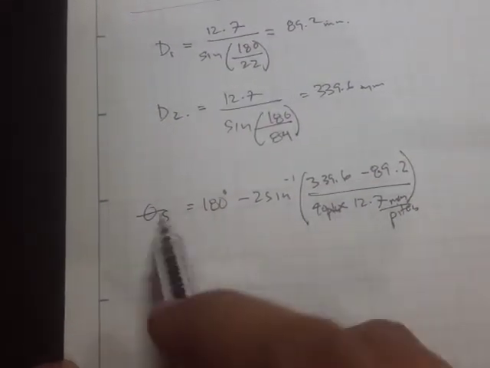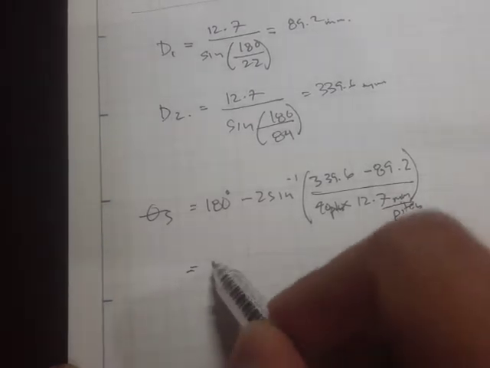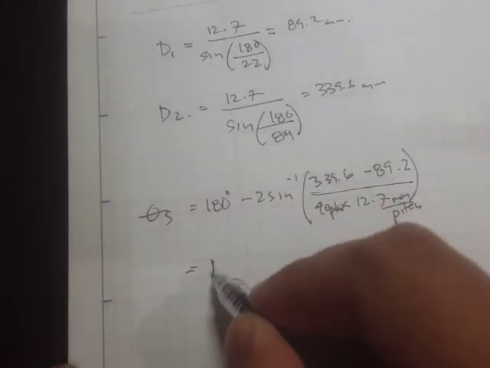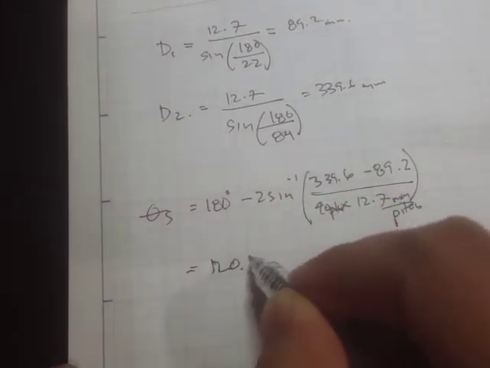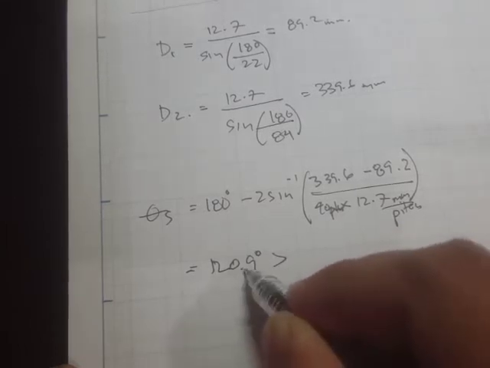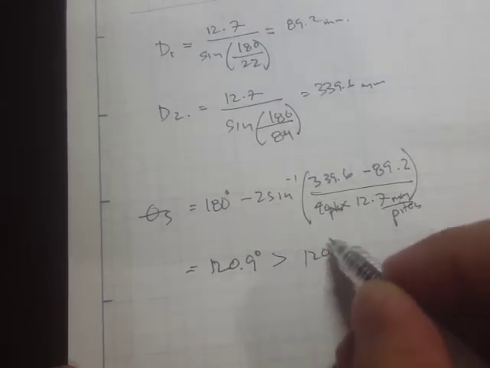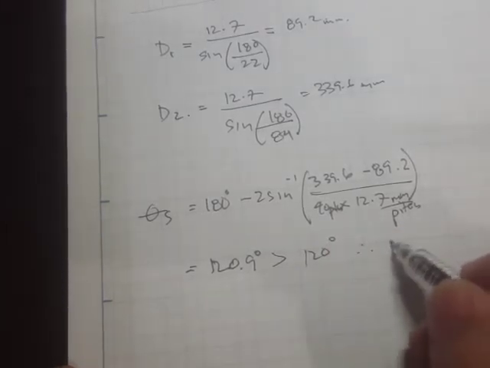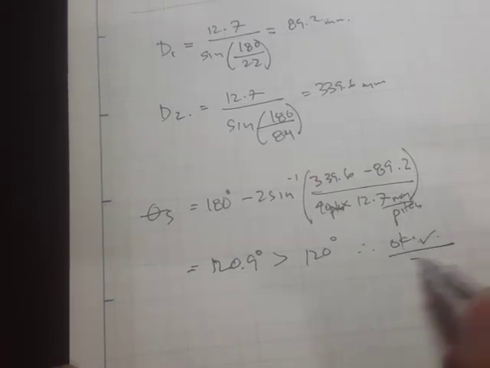If you substitute all this, what you get is 120.9 degrees. This is just 0.9 greater than the allowable 120 degrees, and let's just say this is okay for now. Or if you want, you can just check for another chain number.